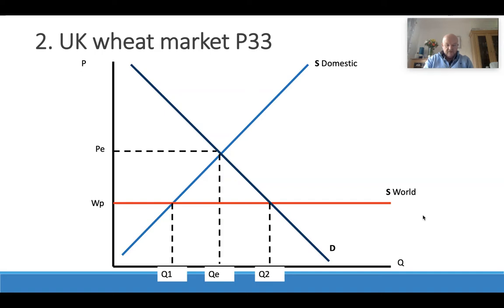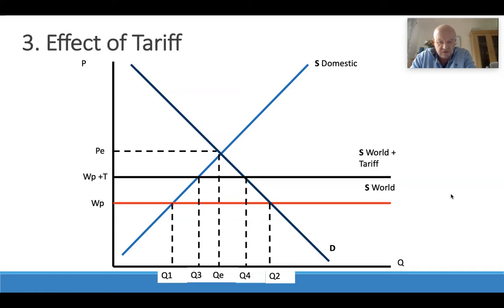Now one could argue that clearly we are not in a competitive scenario here with the world price and the world supply. So in this situation, we would maybe look to try to influence the level of imports and exports by introducing, in this case, a world price plus the tariff.